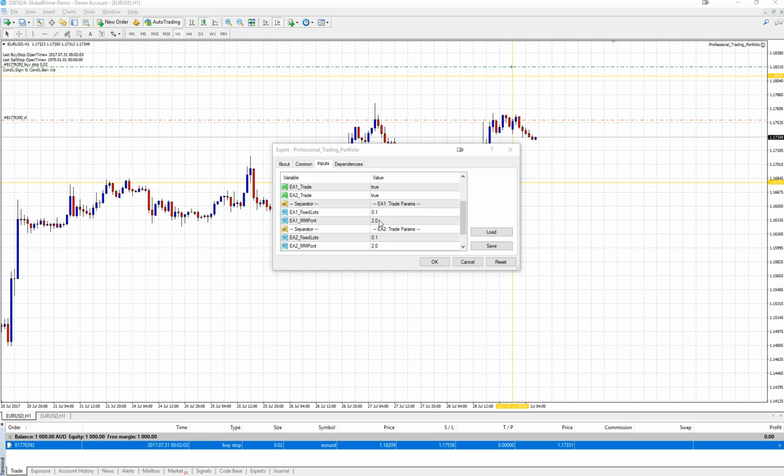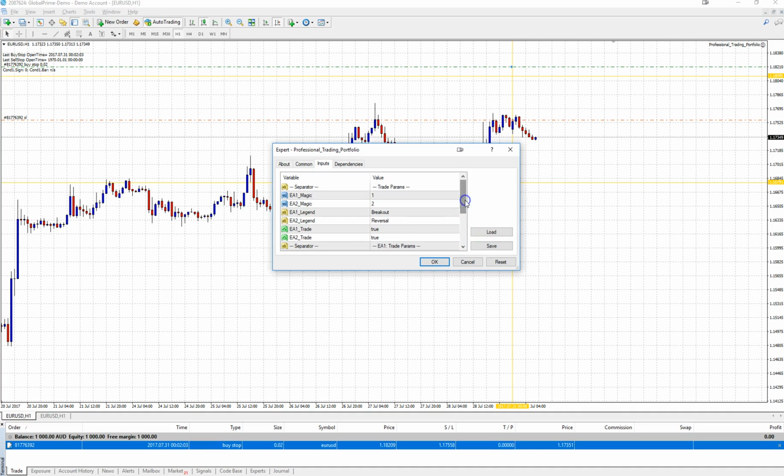Basically, it's a dynamic lot calculation in line with recent volatility. So if you're risking 2%, then based on recent volatility and the size of the stop loss, it will adjust the lot sizing in accordance with the size of the stop loss, which is based on the volatility. So hopefully that makes sense. Scrolling down a bit further, and that's just about it for the settings.